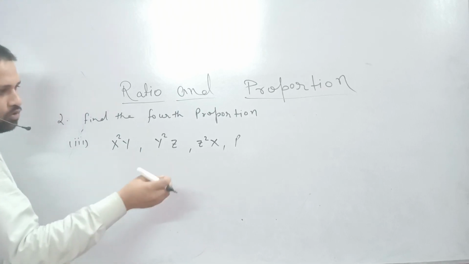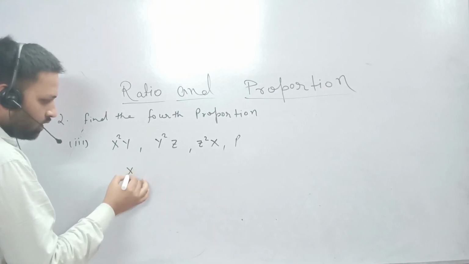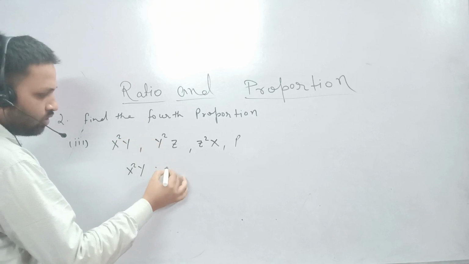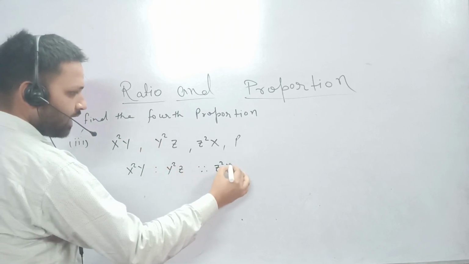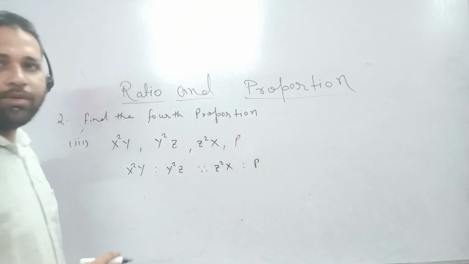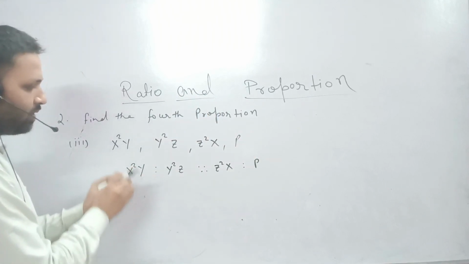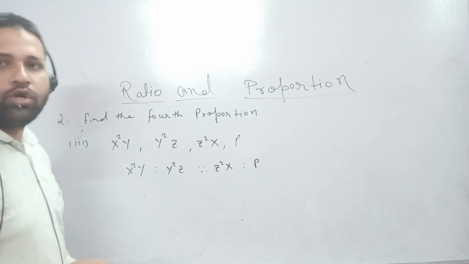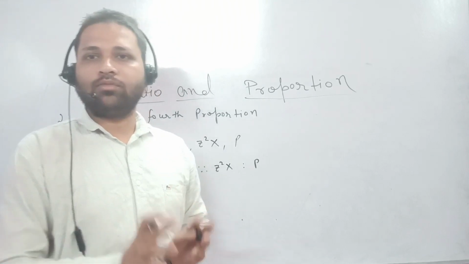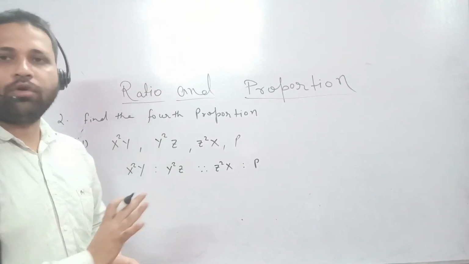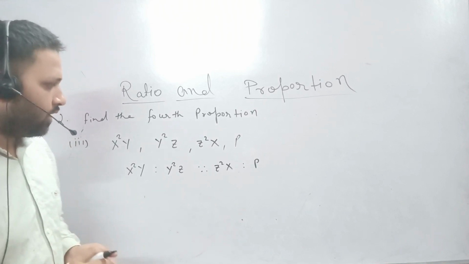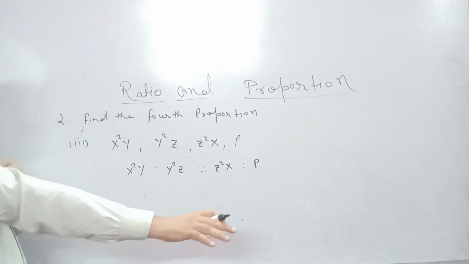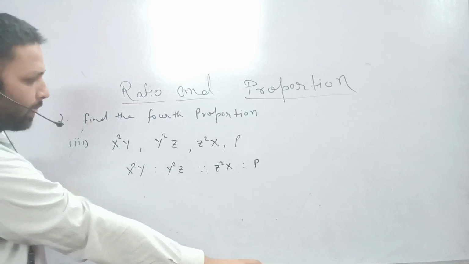Our concept is the same. x square y is to y square z as z square x is to p. It is the basic concept, and I want to solve by the basic concept. So your mistake is not a big mistake, it is small.